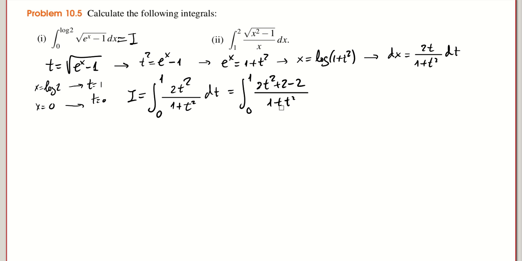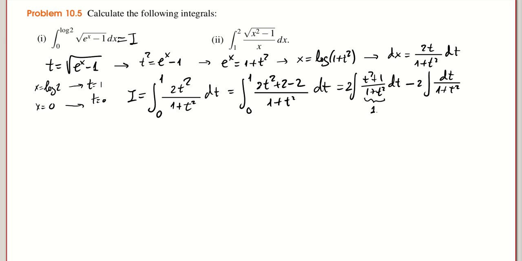And we're going to separate this integral into 2. So we have the integral of 2, minus 2 times the integral of dt over 1 plus t squared.